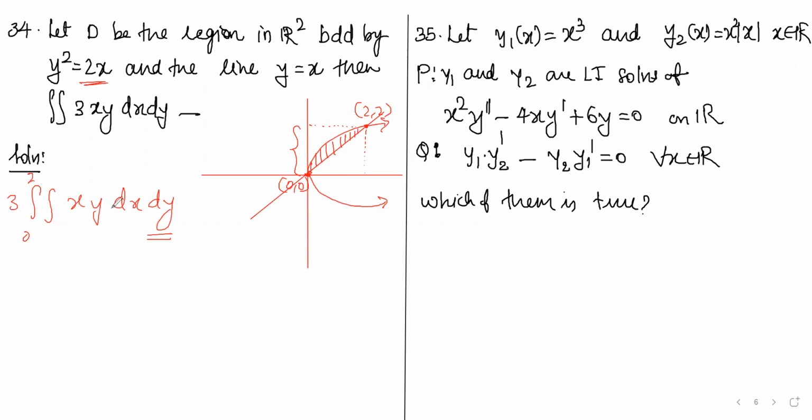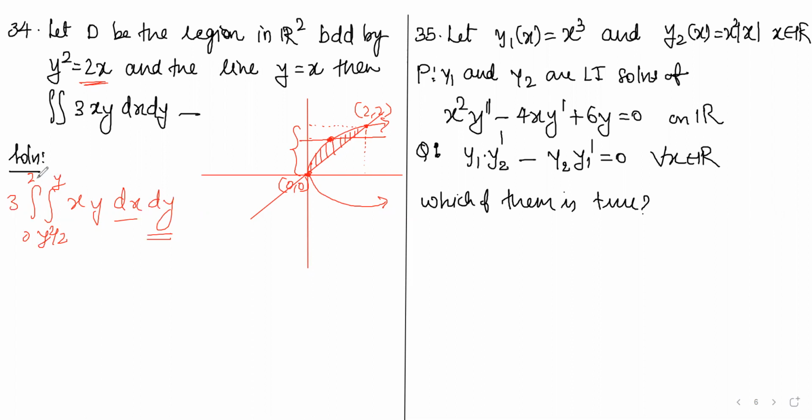And now I need to consider x. How is x moving? This is called the parallel strip method, so I insert one strip in my diagram. The curve which is touched first by the strip is the parabola, so that gives me x equal to y square over 2, and then it goes to x equal to y.